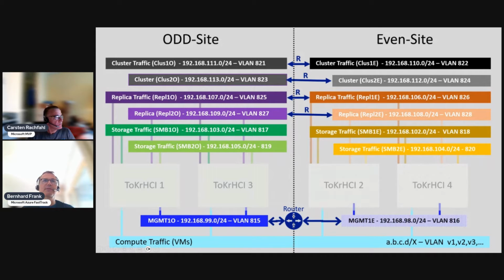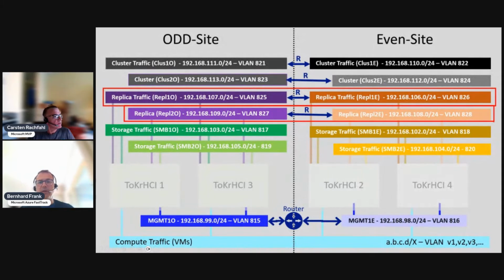So the one odd to the one even, and the two odd to the two even. That's exactly what we are doing. And wherever we are, the routes need to switch, depending on who is the next hop. The dot one on each of the networks is your router.